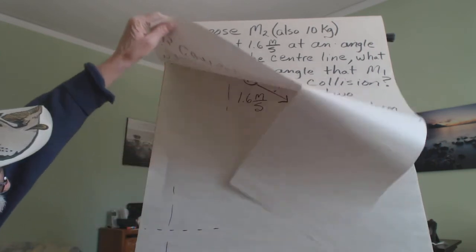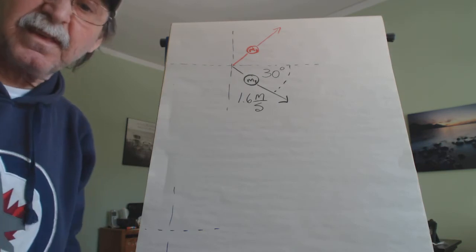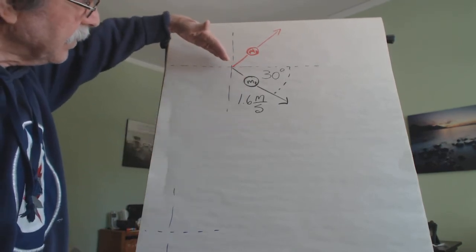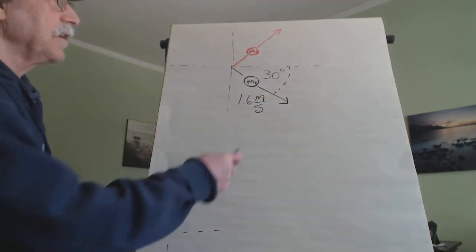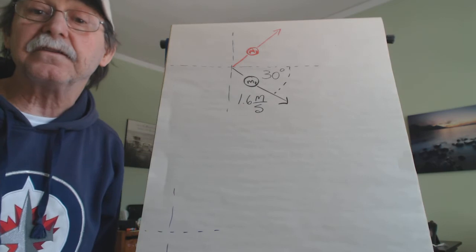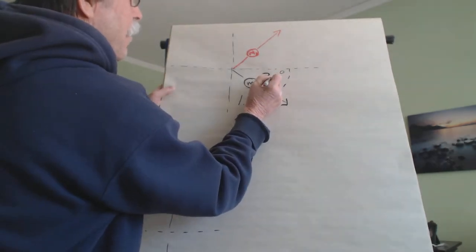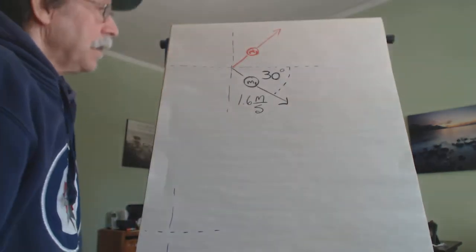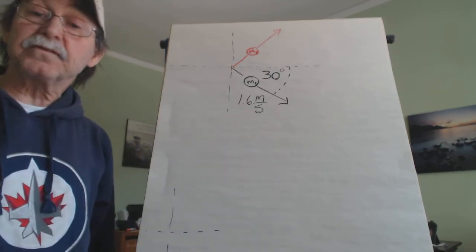Let's flip the page. There's the situation. I've got M2, it's been hit and it's glanced off the center line at 30 degrees. I'll darken that up a bit, and it's going 1.6 meters per second.